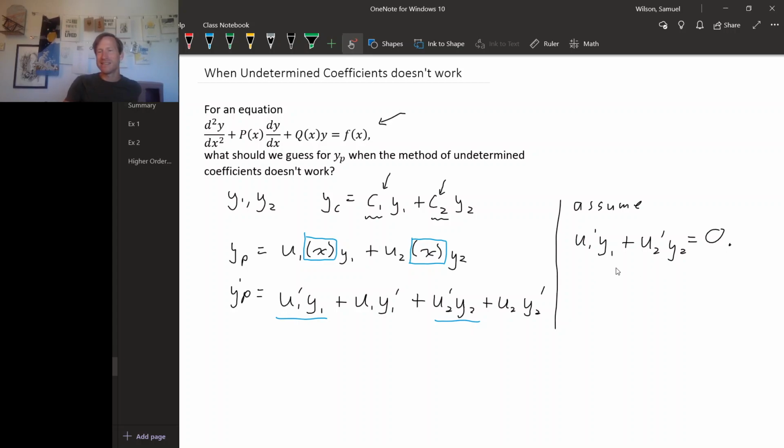So if you don't make this assumption, there are just too many possibilities for u1 and u2. Making an extra assumption limits the possibilities so that you can actually find a function for u1 and a function for u2. So when we add this assumption, y sub p prime is much simpler. It's u1 y1 prime plus u2 y2 prime.